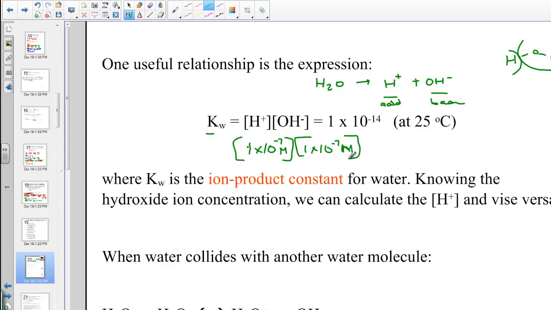In an ordinary cup of water, some of those water molecules self-ionize. They break apart. Not very many, but some dissociate.